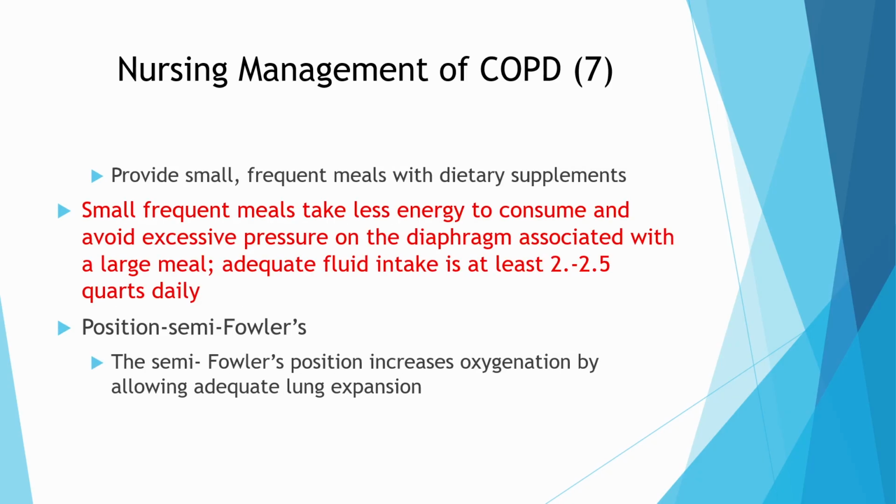We are going to provide small, frequent meals with dietary supplements. Ladies and gentlemen, please listen up, and then listen up again. Small, frequent meals will take less energy to consume and avoid excessive pressure on the diaphragm that is associated with a large meal. And then adequate fluid intake.